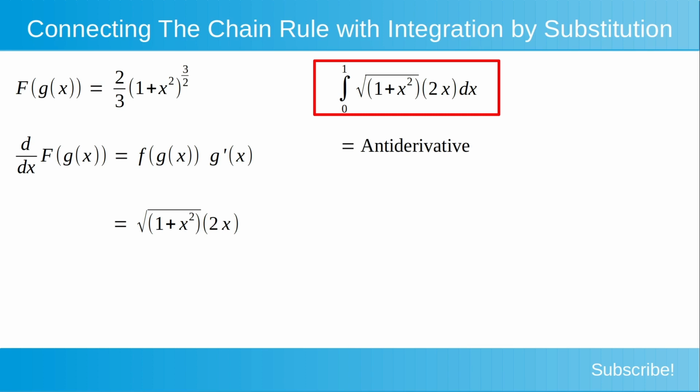And then once we've found an antiderivative, we do not add plus c. Instead, to evaluate the definite integral, we then evaluate over the limits of integration, which here are from 0 to 1.